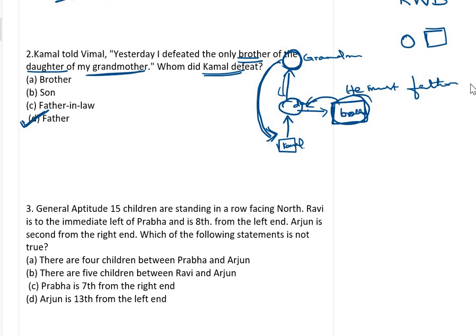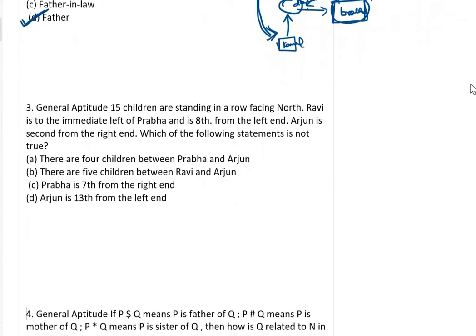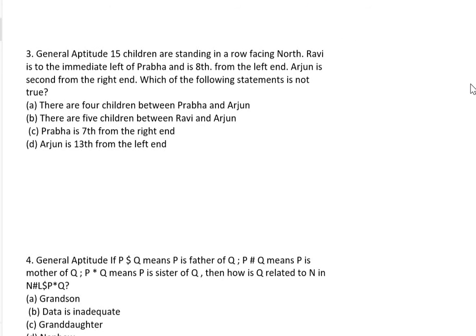Come to the next question. 15 children are standing in a row facing north. So only 15 we can mark on the number line, it will be easy for us. This is the left hand, and this is the right hand.